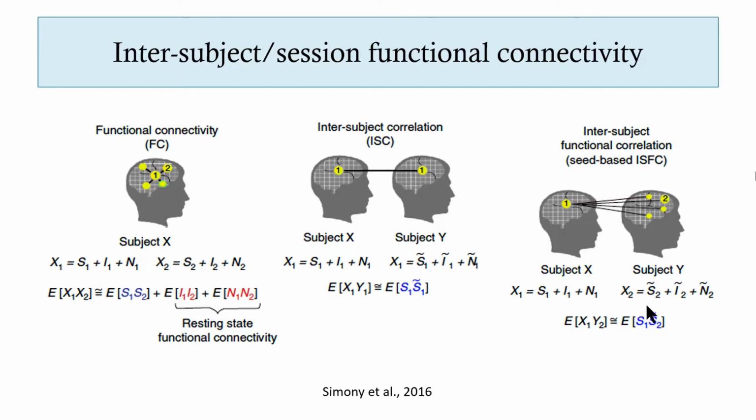And you look at the other session, you're going to have these three terms, and when you look at the cross-correlation between them, you only see the contribution from the signal actually evoked by the task or the stimuli, instead of contribution from either the noise or the spontaneous activity. In my view, this is very powerful and very useful, even though the reproducibility may not be perfect. We have to keep in mind that this type of intersession or inter-subject functional connectivity might be an underestimation of the real functional connectivity evoked by the task.